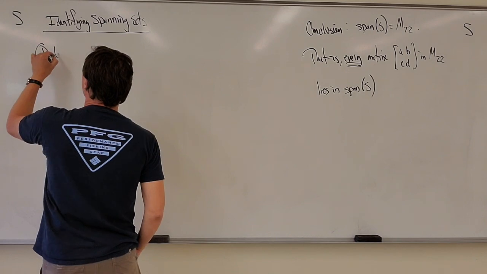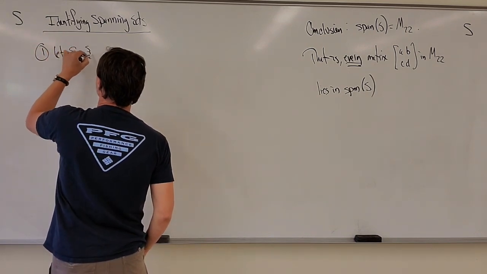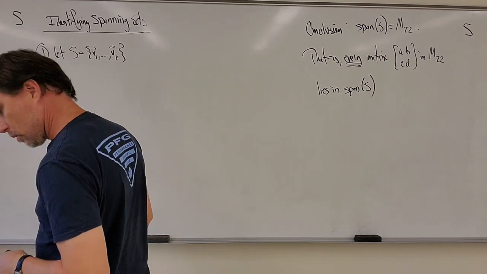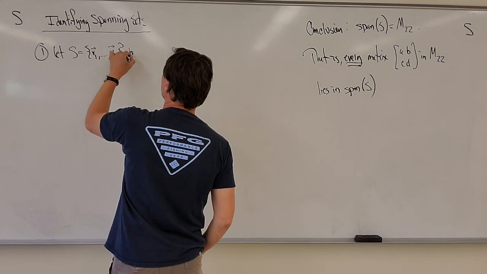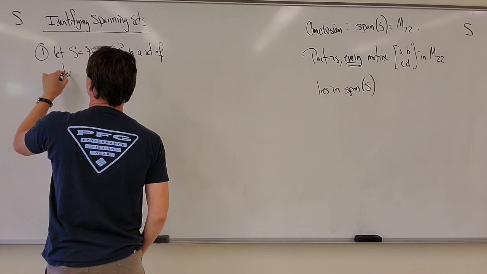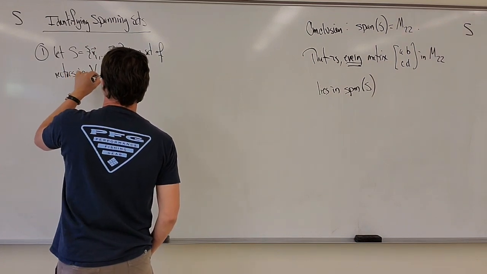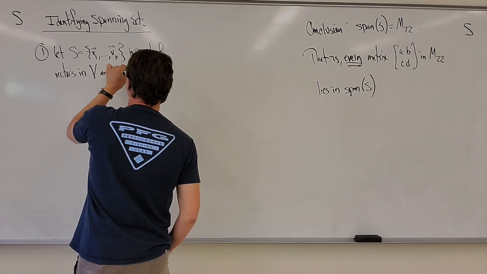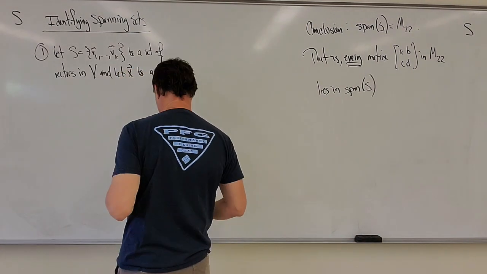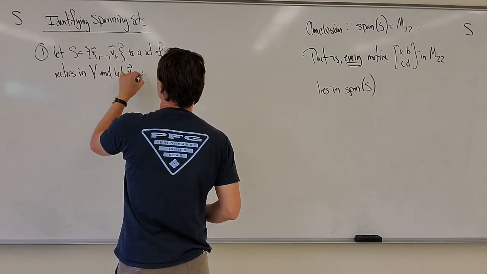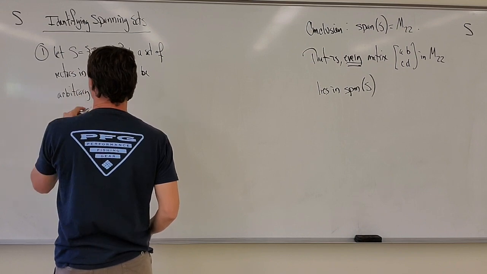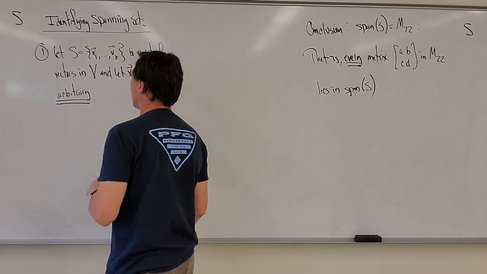So step one, let S equal v1 up through v sub k be a set of vectors in V, and let x be arbitrary. So what we're trying to do, and I'm going to double underline that word arbitrary right there.